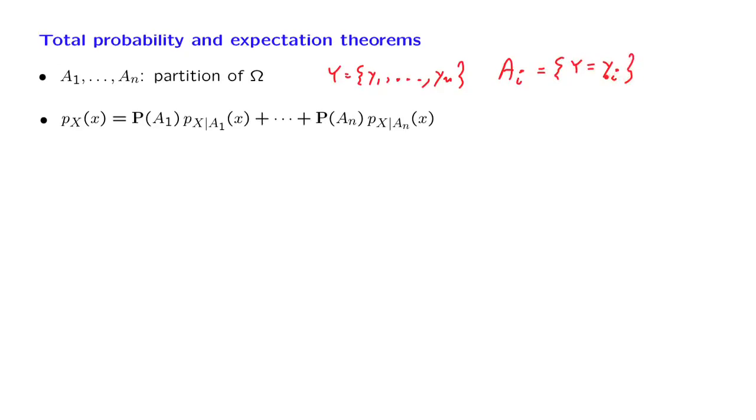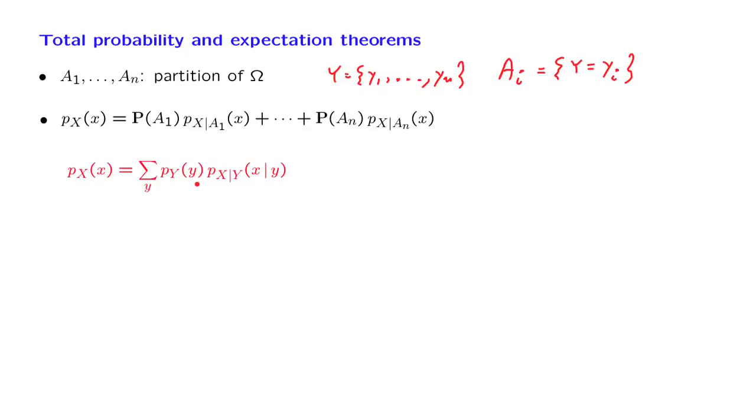We can apply the total probability theorem to this situation. We can find the probability that the random variable x takes on a certain value little x by considering the probability of this event happening under each possible scenario, where a scenario is that y took on a specific value, and then weigh those probabilities according to the probabilities of the different scenarios.